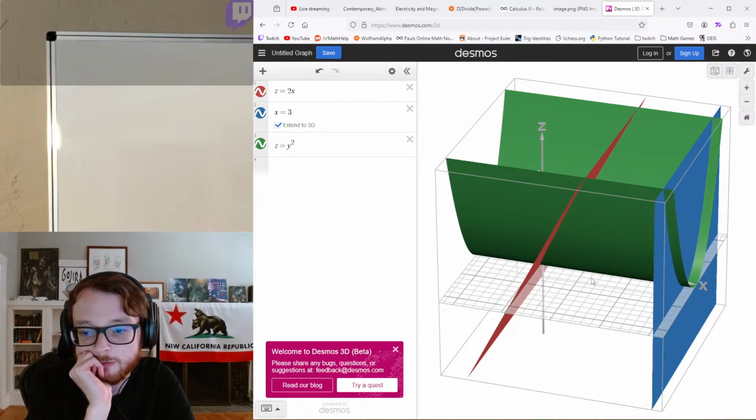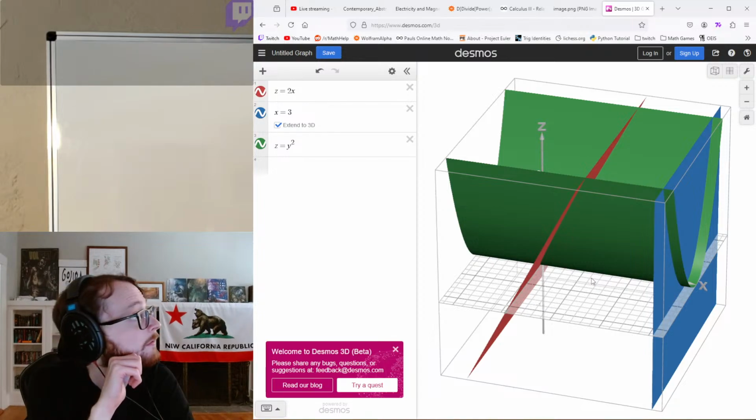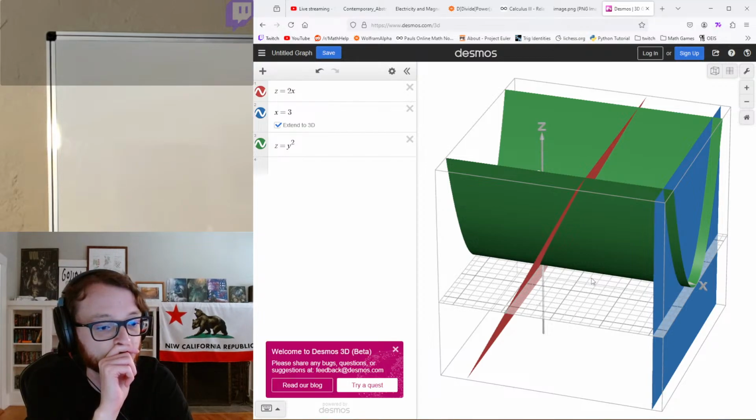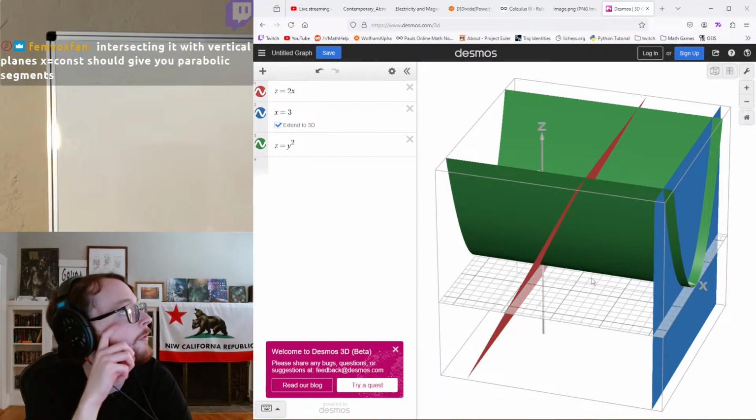So the next best choice is visualizing it three-dimensionally and thinking about your z values, because we have two different functions for z, intersecting with vertical planes, x equals a constant.